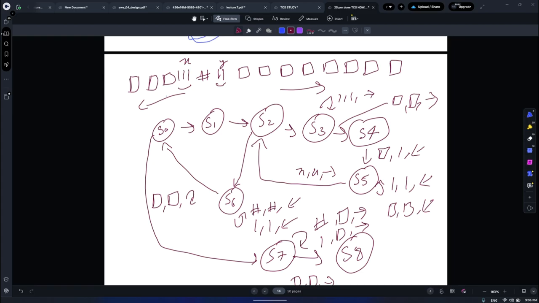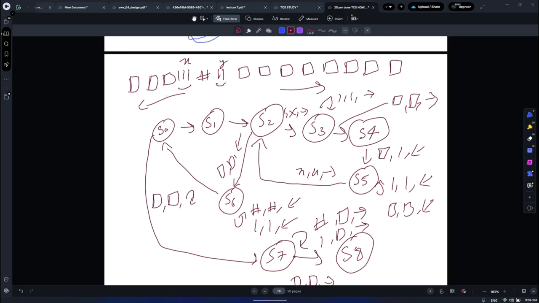And on S2, it can keep a blank and go left when it goes to S6. So it keeps the blank and goes left. And on S2, we know that when it goes to S3 it reads a 1, makes it a cross and goes right.